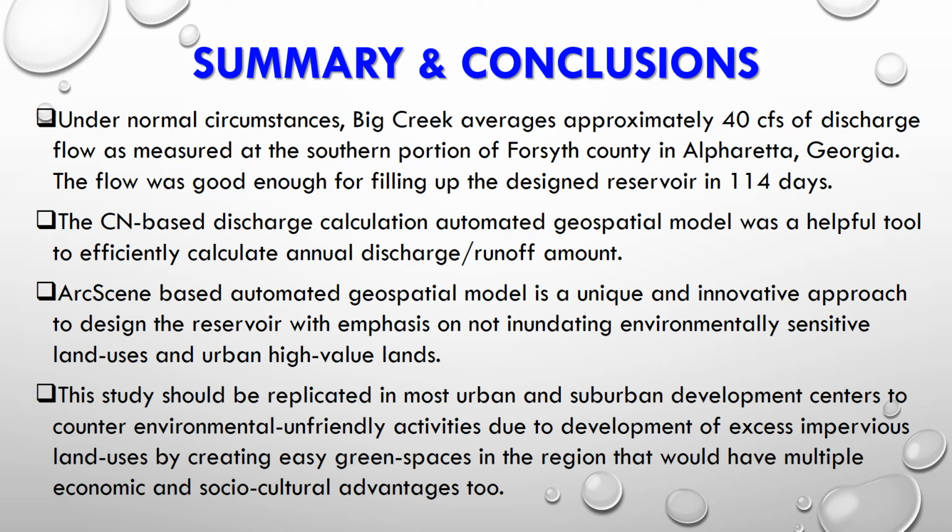We used an ArcScene based automated geospatial model that is very unique and also an innovative approach to design the reservoir, emphasizing not inundating environmentally sensitive land uses and urban or suburban high value lands.